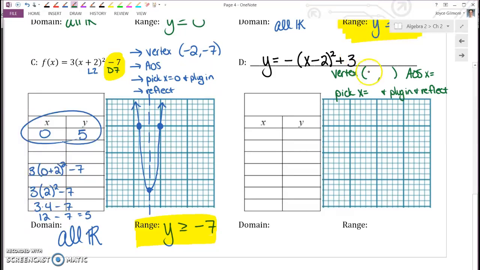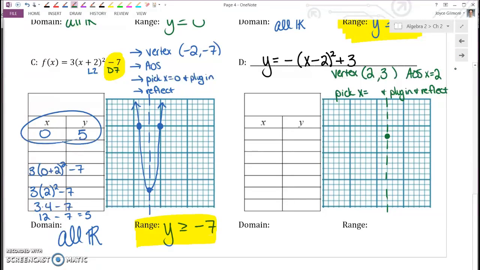Okay, this time our vertex is +2, +3. -2 indicates right 2, and +3 indicates up 3. So 2, 3 is our vertex. And that means we've got an axis of symmetry at x equals 2.